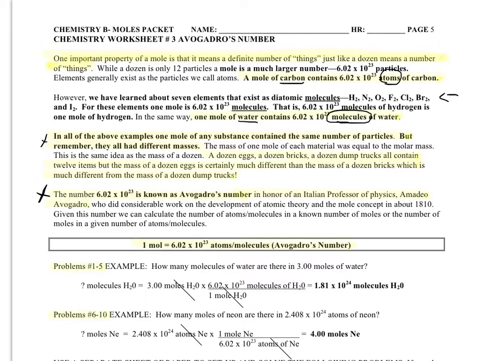So, our new definition, our second definition, that we'll end up with 3 of a mole is that 1 mole is equal to 6.02 times 10 to the 23rd atoms or molecules, depending on what we're talking about, and I will call that Avogadro's number.